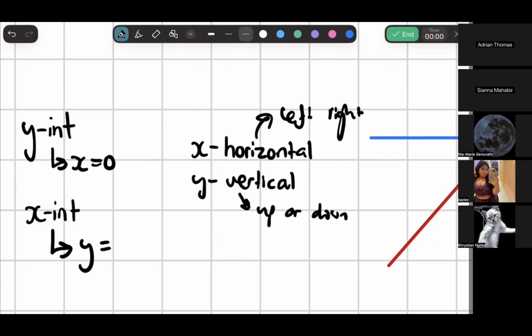So if we are cutting the x-axis, it means that you are on the x-axis. If you're on the x-axis, it means you could only move left or right. So then the vertical component is what? Tell me, Adrian, if you're on the x-axis itself, what's the y value?